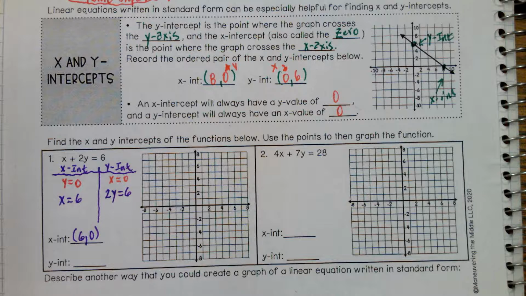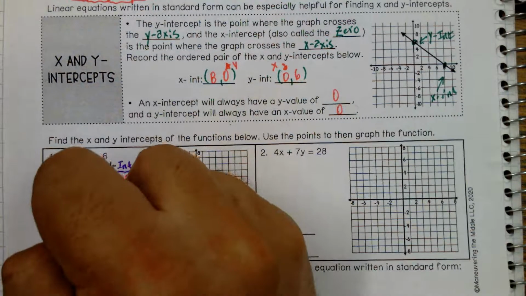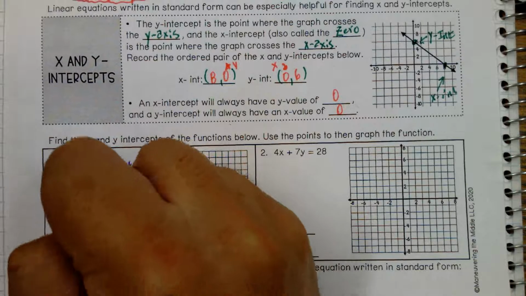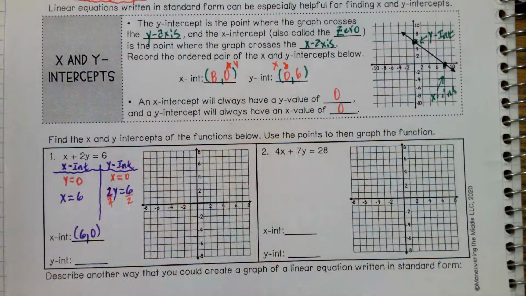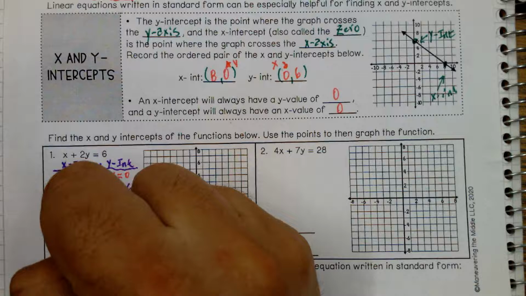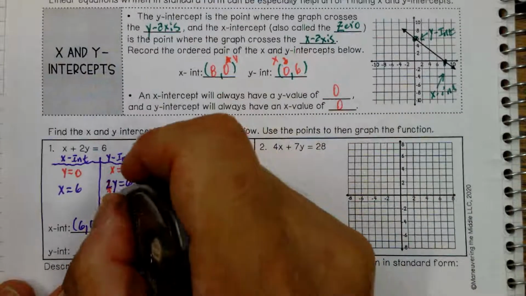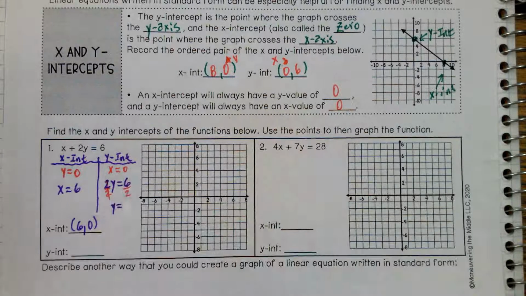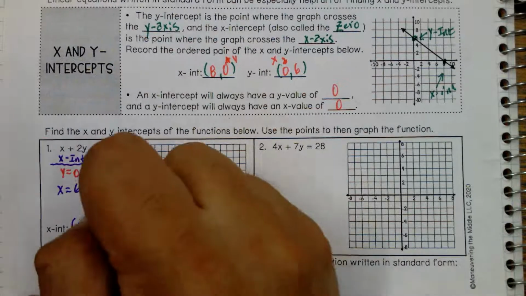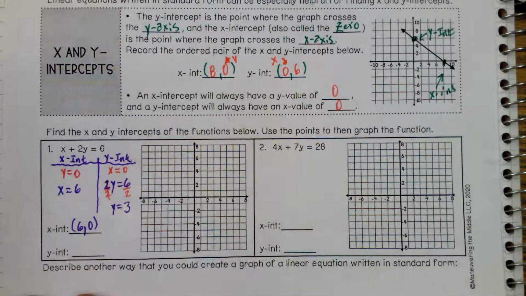Because now to solve this very simple equation, divide both sides by 2. And we end up with y equals 6 divided by 2, so it's 3.